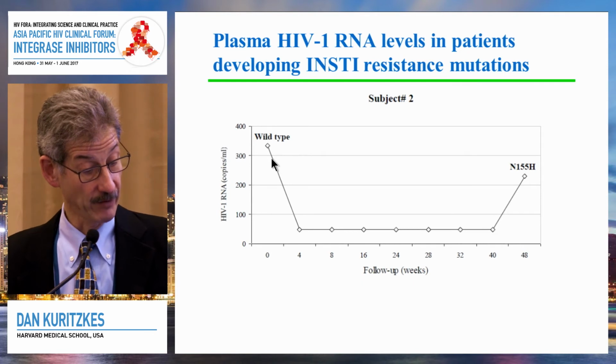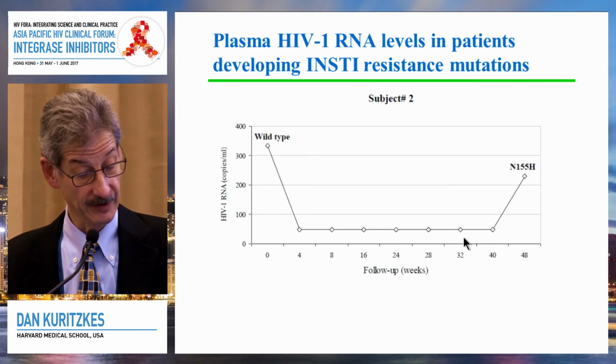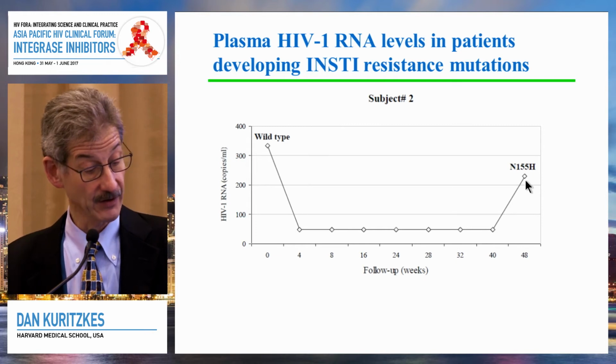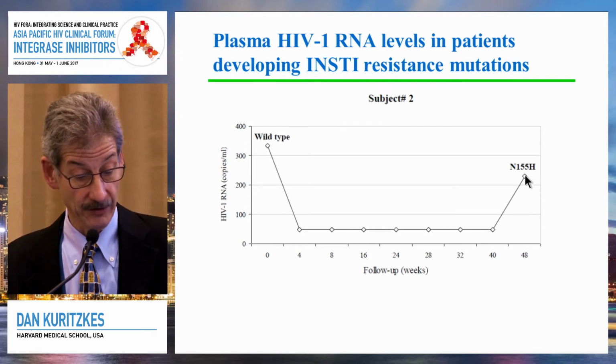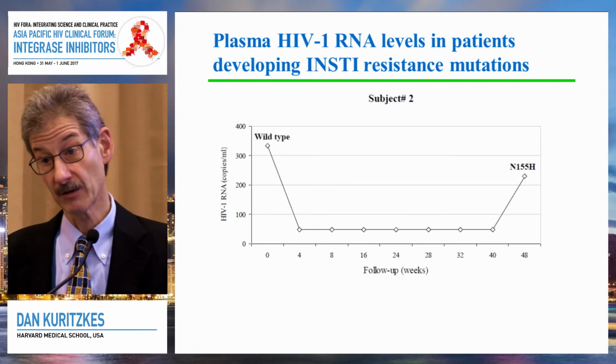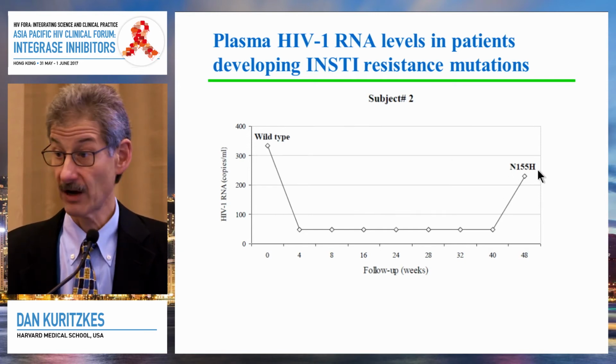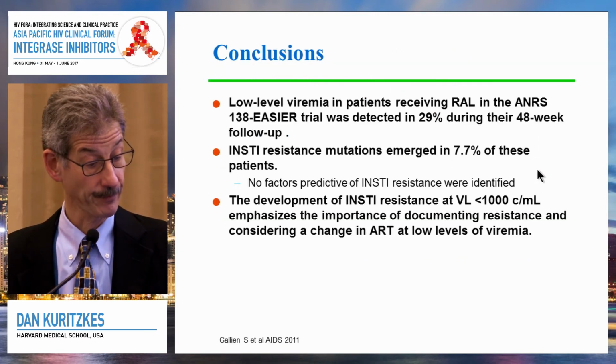And I'll just show by way of illustration this one slide. Here this person was consistently undetectable and then has a virus load of just 230 or 40 copies and couldn't be genotyped by a commercial lab, but when we did the genotyping, clearly evidence of a classic raltegravir resistance mutation.